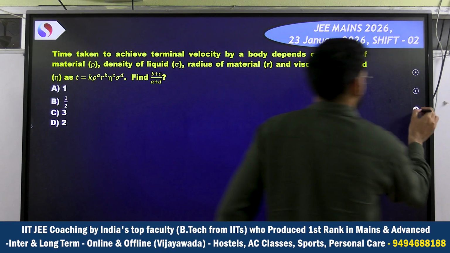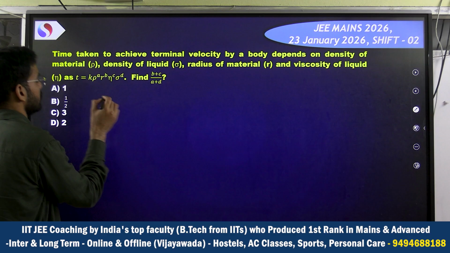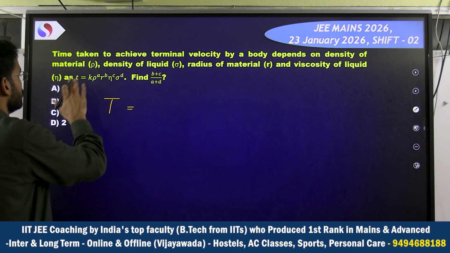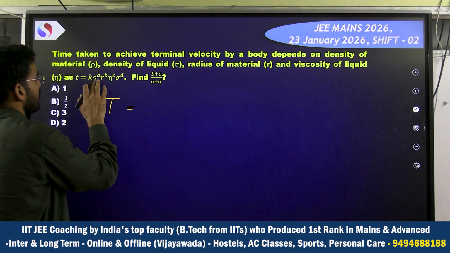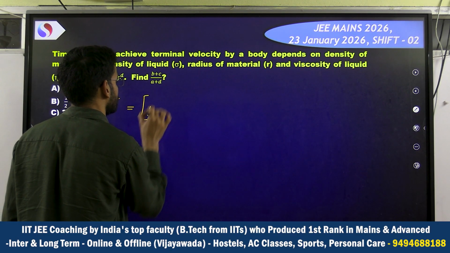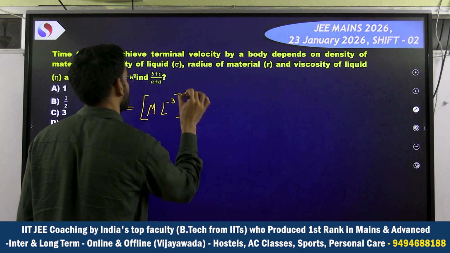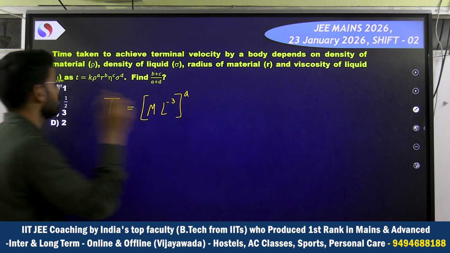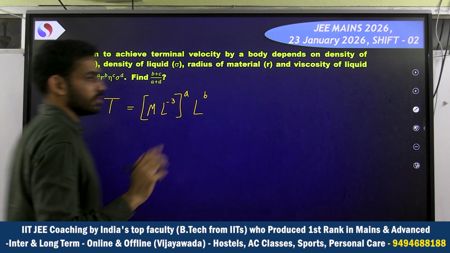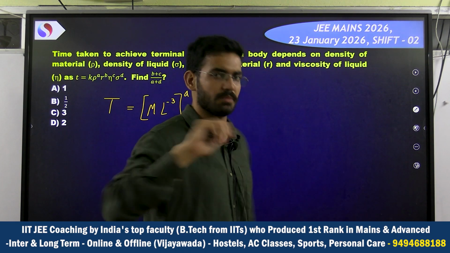So this is a kind of unit and dimension question. Time is equal to k, where k is a constant. Here t has the dimension of time, then rho is density, whose dimension is m l to the power -3, to the power a. Radius means length, so l to the power b. And then eta. As I have always told, go with the simplest formula you can.